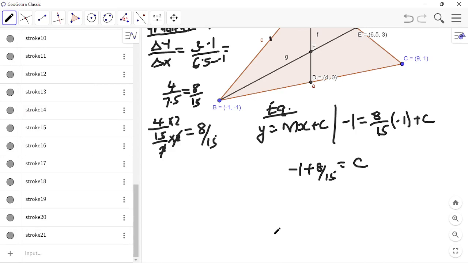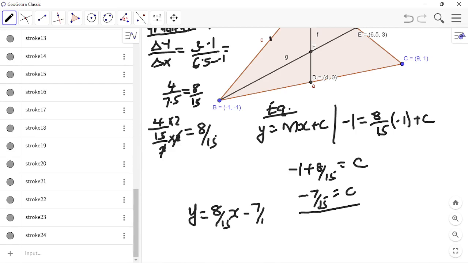When you work this out, because the negative is bigger than the positive, you get negative 7 over 15 equals c. Then you get the final equation. The equation will be y equals 8 over 15 x minus 7 over 15.